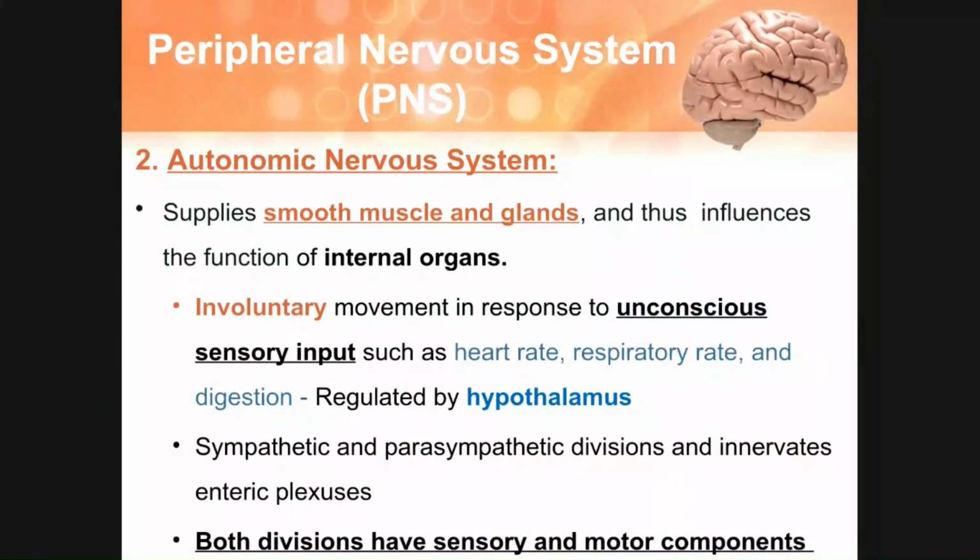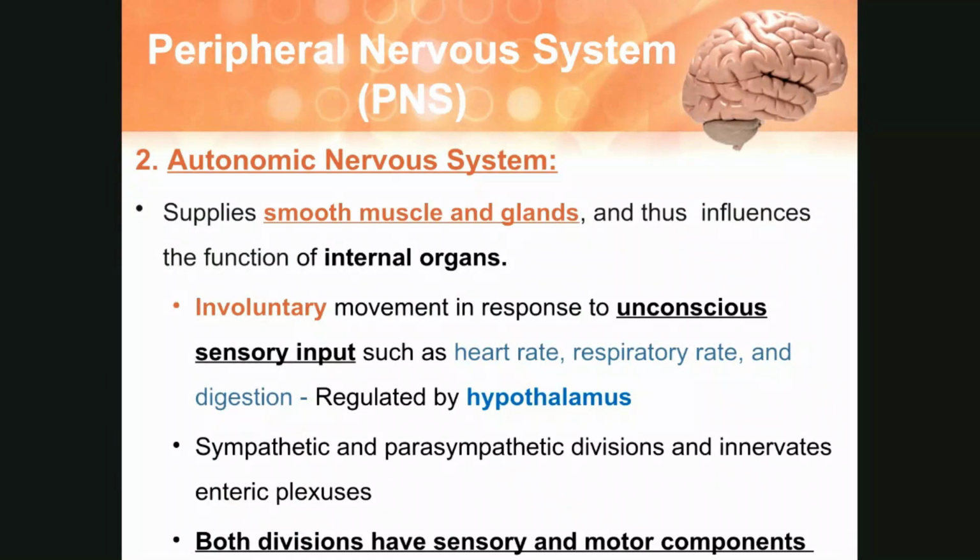Likewise, the autonomic nervous system supplies the smooth muscles, glands, and all the visceral organs. It regulates involuntary movement in response to unconscious sensory inputs, such as heart rate, respiratory rate, and digestion.